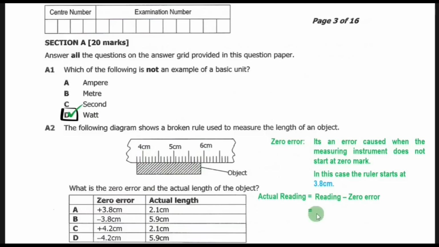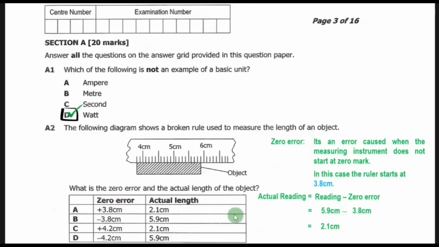So our reading here is actually 5.9. Then we are going to subtract the zero error, which is 3.8. So 5.9 centimeters minus this value here, 3.8, we are going to obtain 2.1 centimeters.